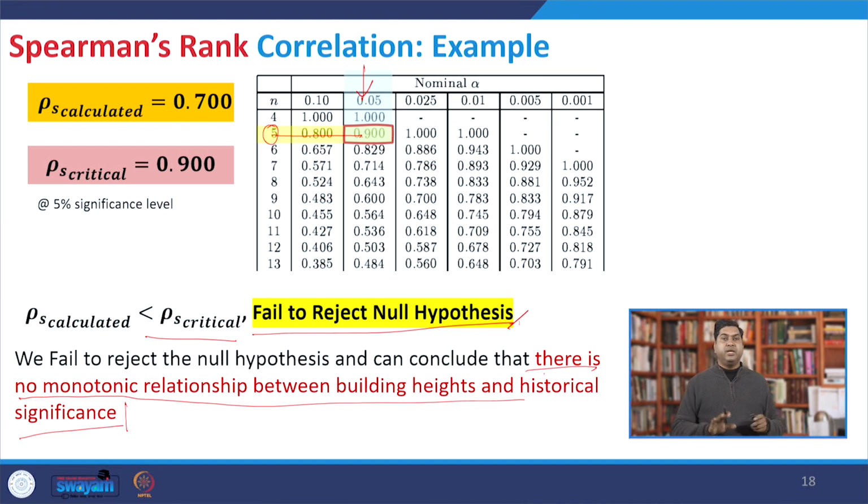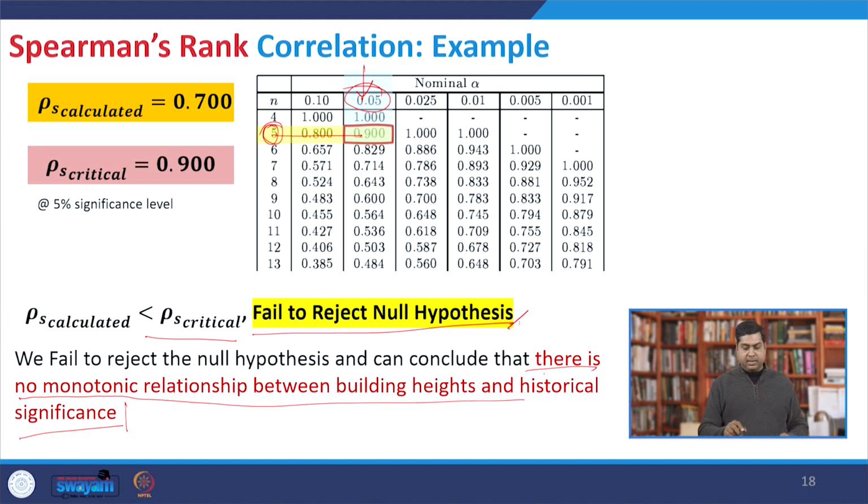The calculations are very easy, and whenever there are very few data points, it's very easy to do. But one thing you should remember, that in this case we compare this value with 0.9. The reason is that the total number of observation is 5, but there is also a particular influencing aspect in this, that is nothing but the significance level. If you increase this value from 5 to 10, so you have a broader acceptance.